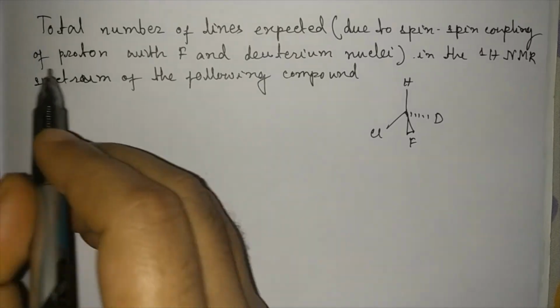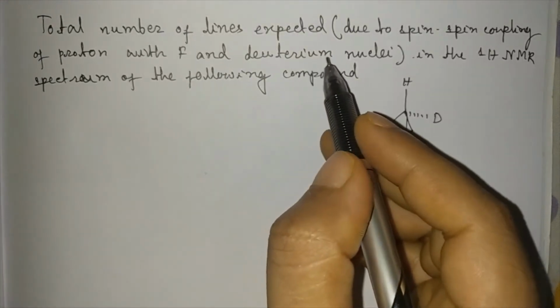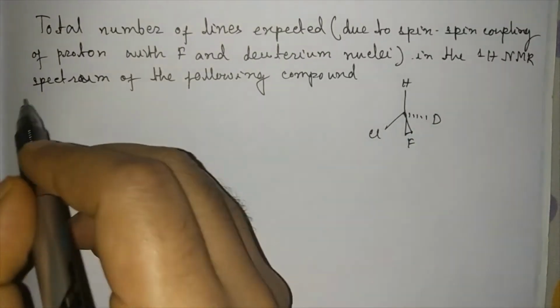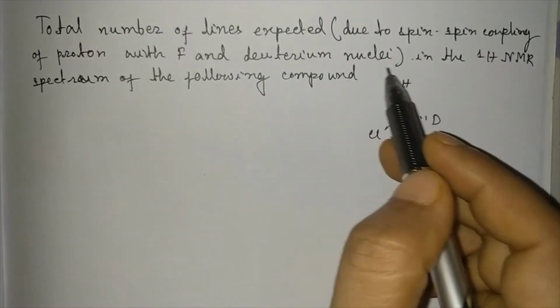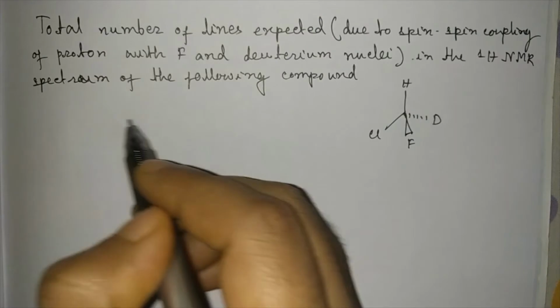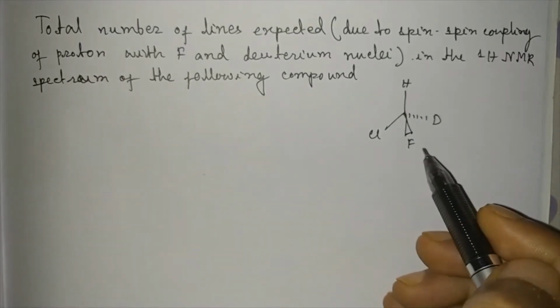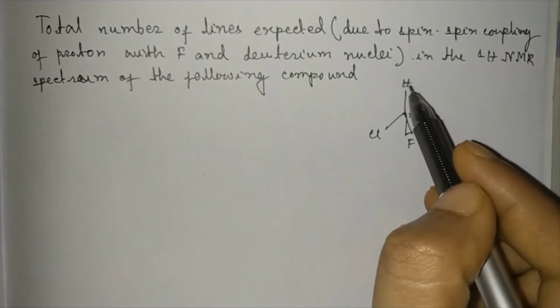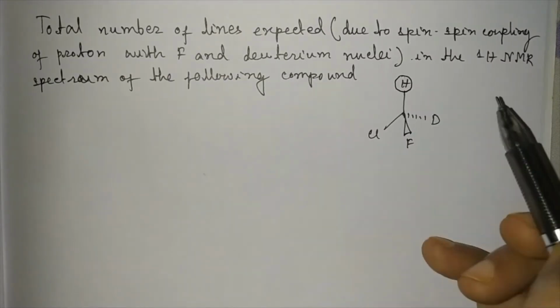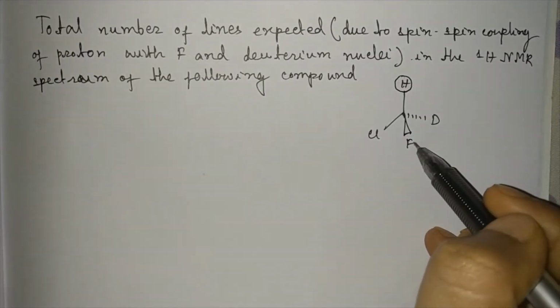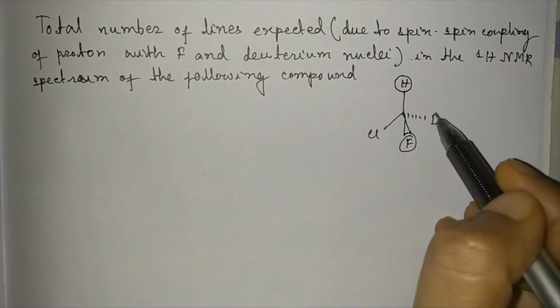Next question: total number of lines expected due to spin-spin splitting of the proton with fluorine and deuterium nuclei in the 1H NMR spectrum of the following compound. So how many lines will we observe for this proton after coupling with fluorine and deuterium?